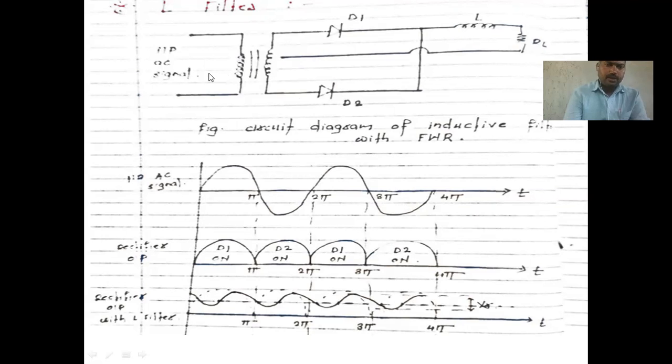During the next half cycle, the voltage is opposite, so it is minus, plus. The already conducting diode D1 is not conducting now, so diode D2 is conducted. Due to diode D2 conduction, the same positive voltage appears across here.